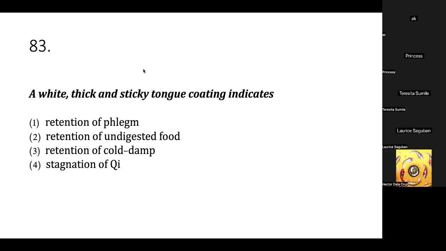And pagdating sa tongue, yung center yung kasama ng stomach and spleen. So, isip ko lang, sir, since undigested ang food, kasama yung stomach. So, ano yung nangyari dito? Ano yung medyo hindi gumana? Spleen. Spleen Qi. Yeah, spleen. Lagi naman ang start is okay, very good.